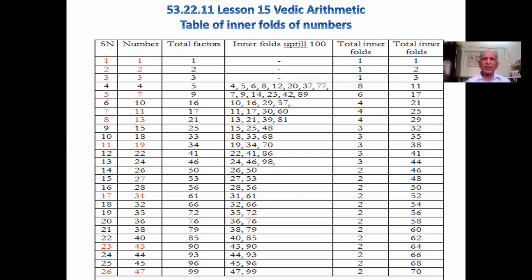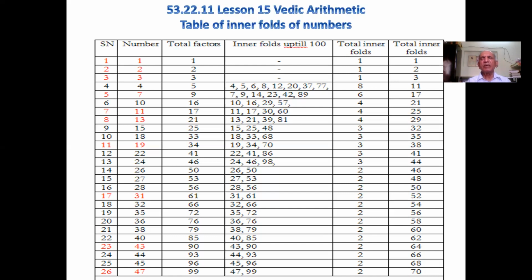So up till 100, the inner folds of number 4 are of 8 steps. So in column 5 is mentioned 8. Total inner folds of number 4 are 8. And the total number of folds up till that is the next compilation. Like that, when we reach the inner folds in respect of number 7, then these are 6.